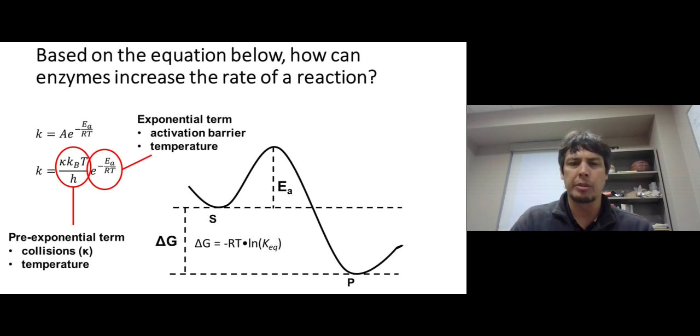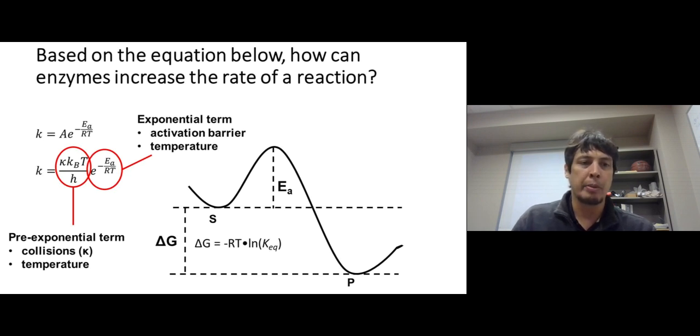And then temperature, which experimentalists can control, or in physiological terms, the temperature may have a big influence on how the reaction proceeds, or what the rate of the reaction is.